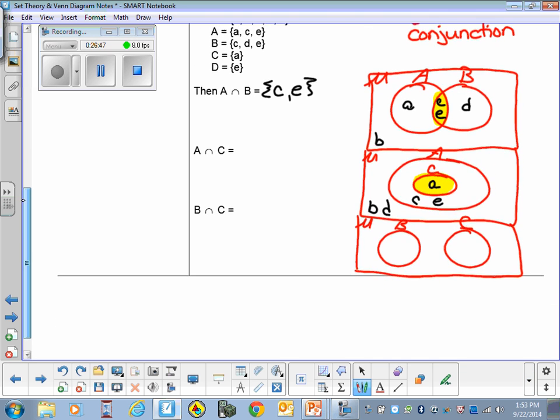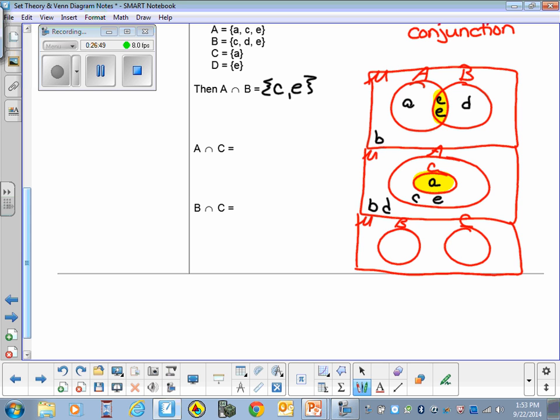B contains C, D, and E. And C just contains A, with B floating out here. And because I drew this as disjoint sets, there's nothing to color. There is no overlapping area or point of intersection. If I drew this, this is the empty set.